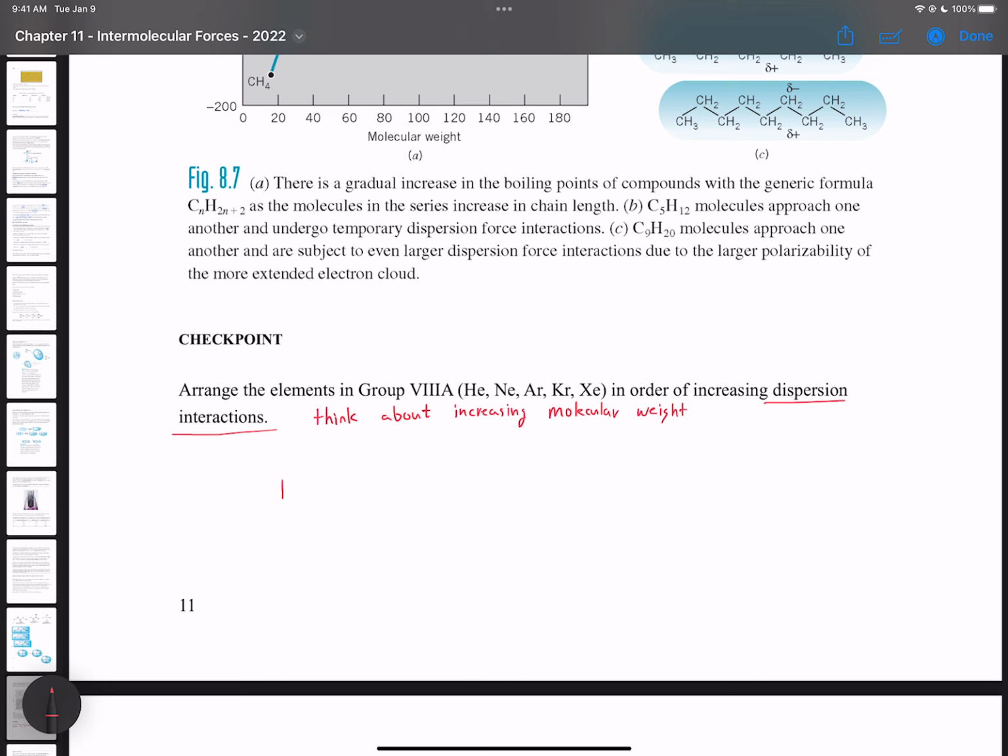So helium is less than neon, which is less than argon, which is less than krypton, and then it's less than xenon. So this is the trend of increasing molecular weight.